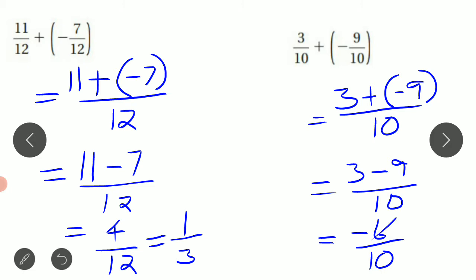Both numerator and denominator have common factor 2. So by dividing by 2 we get minus 3, that is 3 2s are 6, and 2 5s are 10. So minus 3 by 5 is the answer. So your answer must be in simplest form.